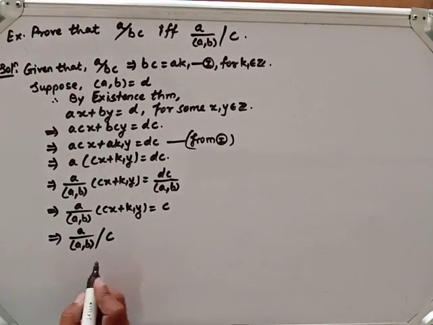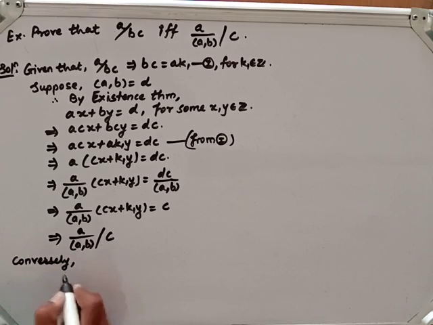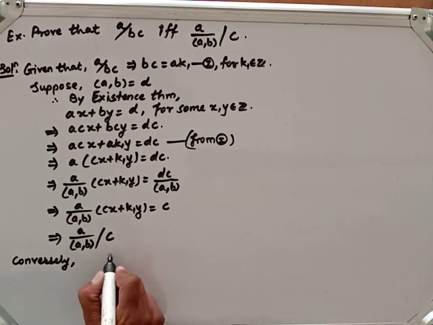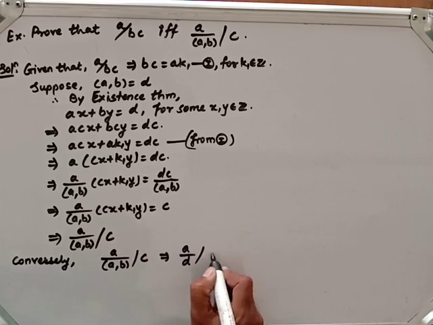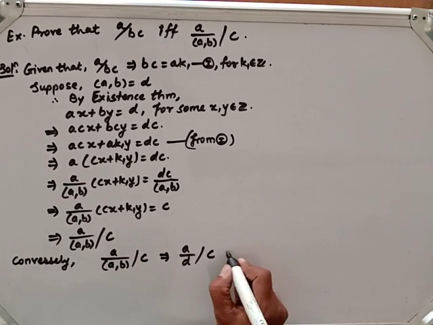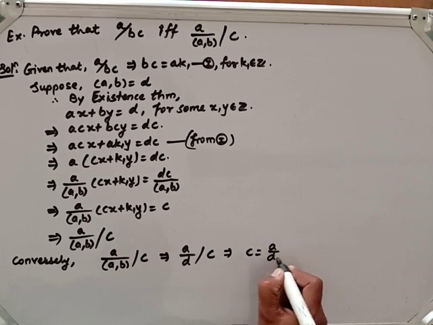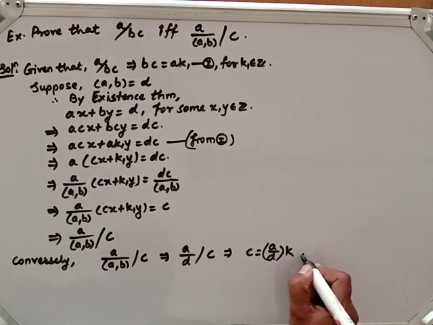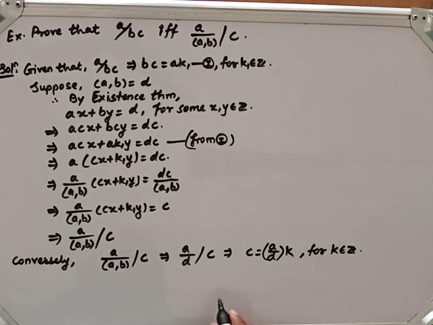Now conversely, the converse part we have to assume this. That is A upon GCD of AB divides C, that is the same as A upon D divides C. So C is equal to A upon D into K, for K belonging to Z. So now let us multiply by B here.